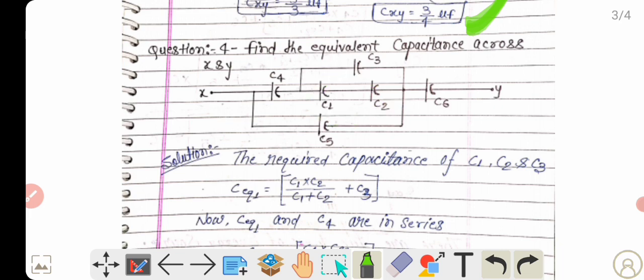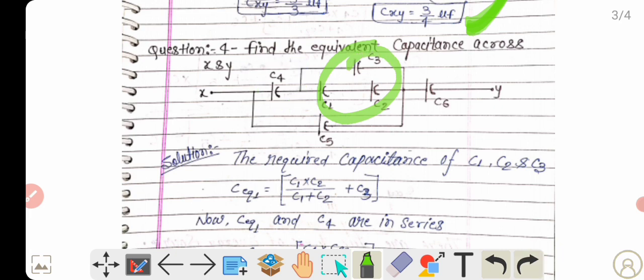So first we will calculate its equivalent, and then its equivalent will be in parallel with C3. Then the equivalent of these three will be in series with C4.